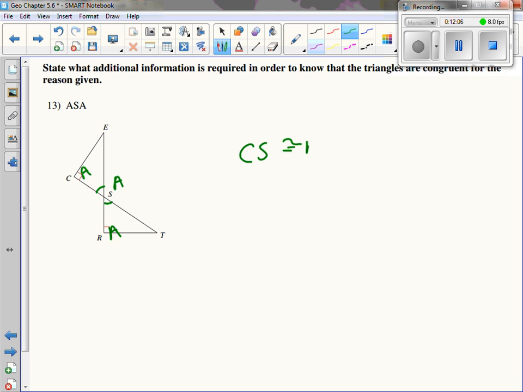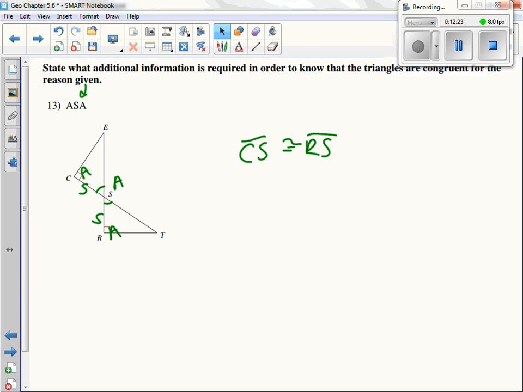CS would have to be congruent to RS, because where does that side need to be? It needs to be between the two angles. Because it's telling us that we have angle, side, angle. It has to be between them. It tells us the order, and this order is angle, side, angle. So we need the side in the middle.